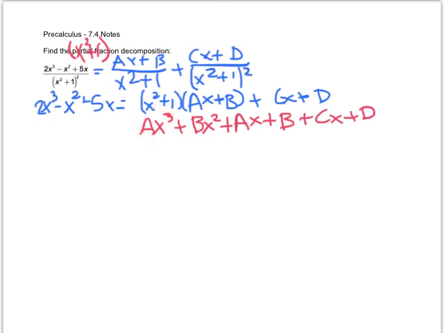Well, if 2x cubed equals all of this stuff over here, and I've only got one cubed term, then a has to equal 2. Okay? The x squared term right here, there's only 1, and it's a -1. So that b has to be a -1.